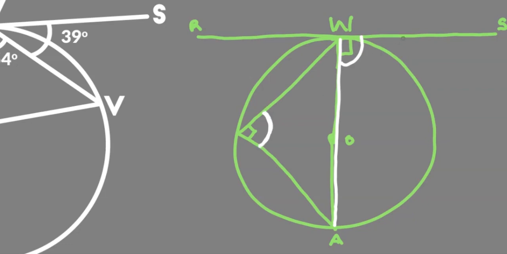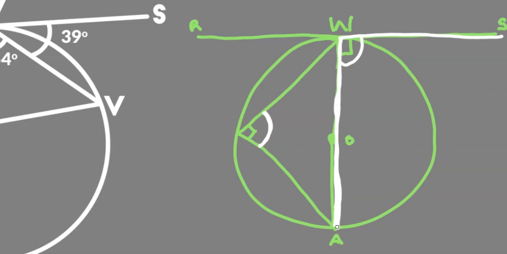Now, how do you remember it? Well, if you have an angle that is formed between a tangent, you can see this line here is part of the tangent, and then we've got this line that is part of the triangle. The angle between these two lines is going to be equal to the angle that is opposite that line which is not part of the tangent.